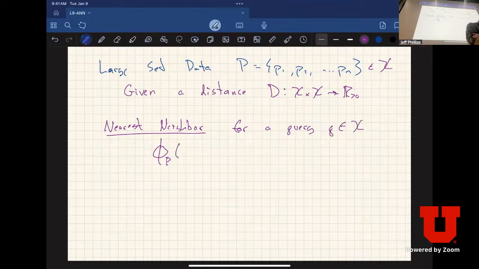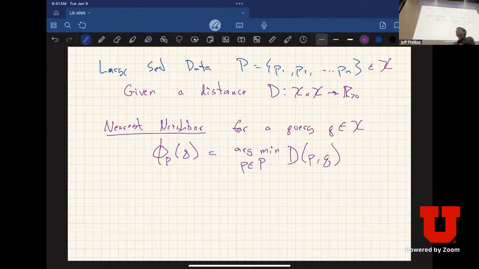So phi of P of q is going to be the arg min over the set P of the distance between p and q. So this is the core thing we're going to be looking at today.